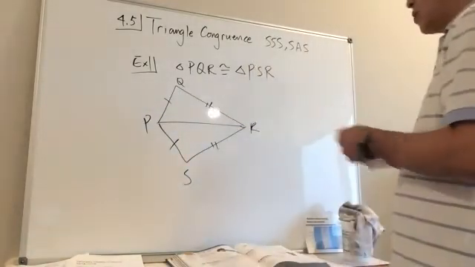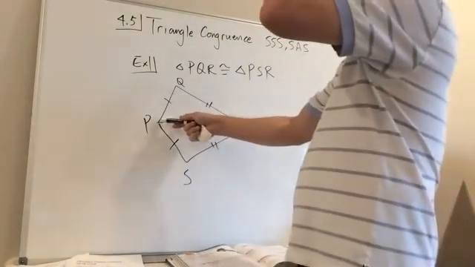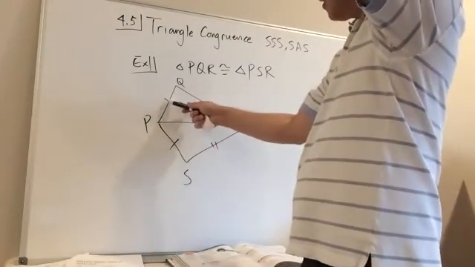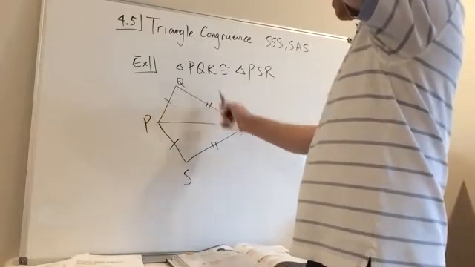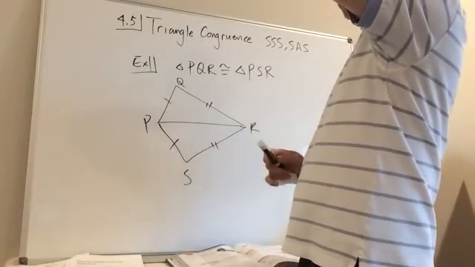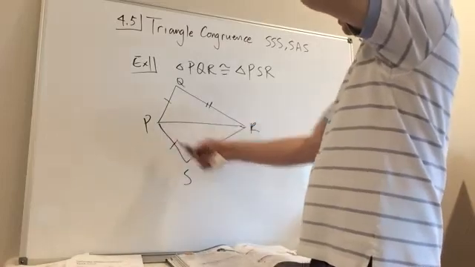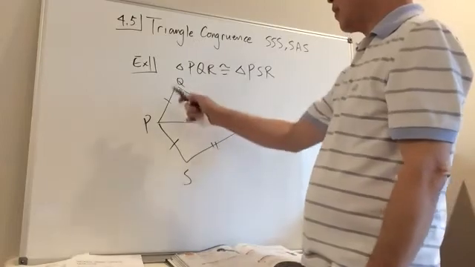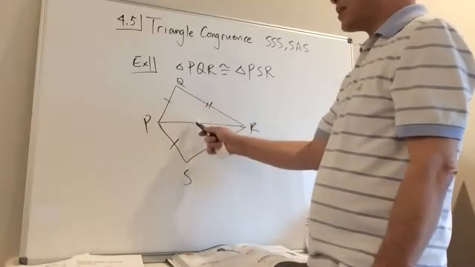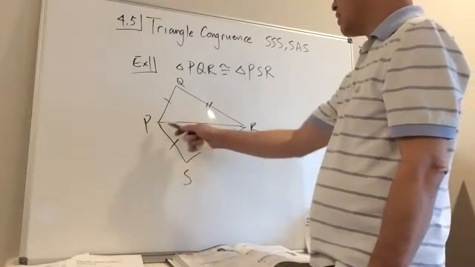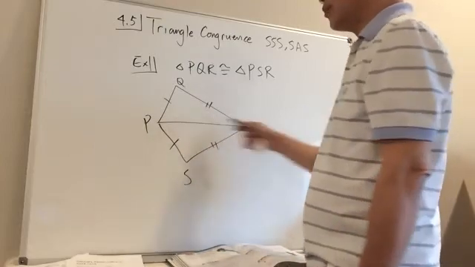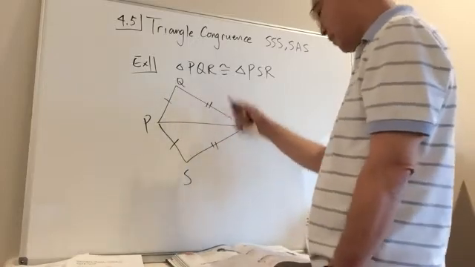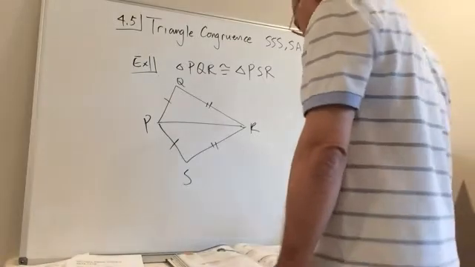Triangle PQR has this side and this side, and in PSR, this side and this side are congruent to them, and it actually shares a side. So PR is congruent to itself. So you have side, side, side on the triangles, and that's how it works.